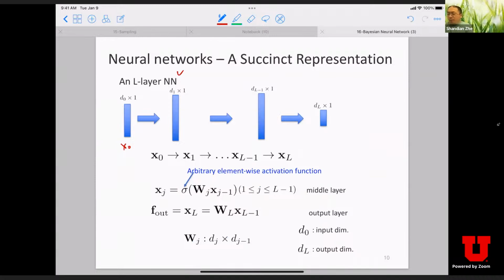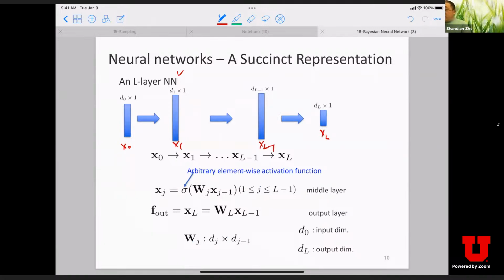And then we compute the output for every layer. We denote the output for every layer by X0, X1, until XL minus 1, and the output of the output layer is just XL.